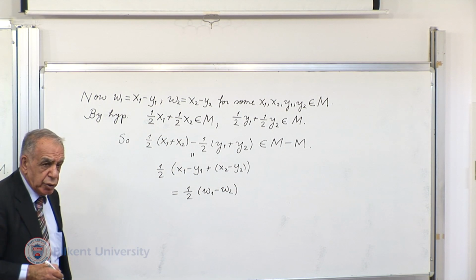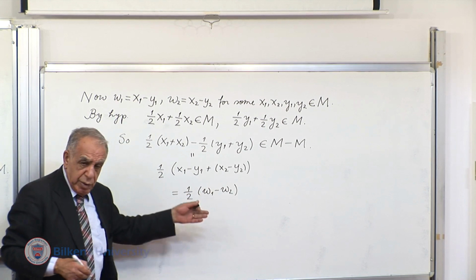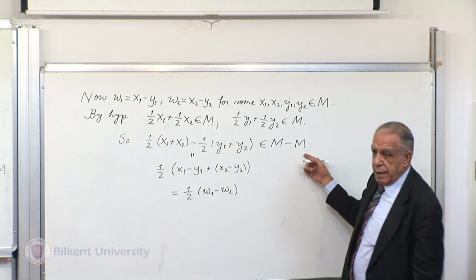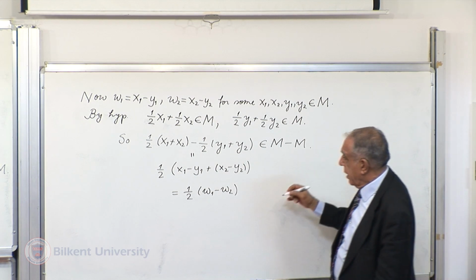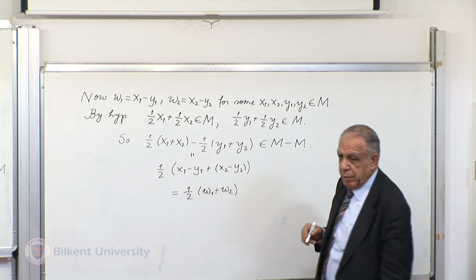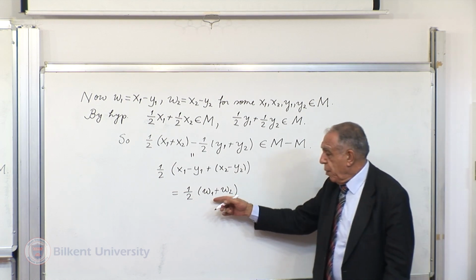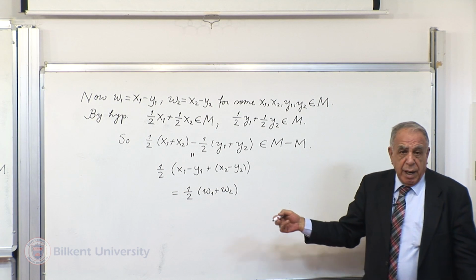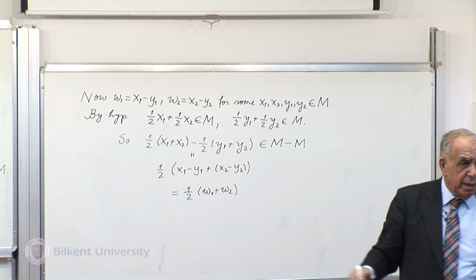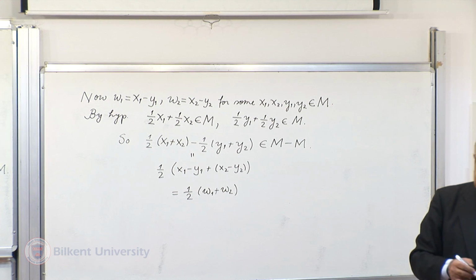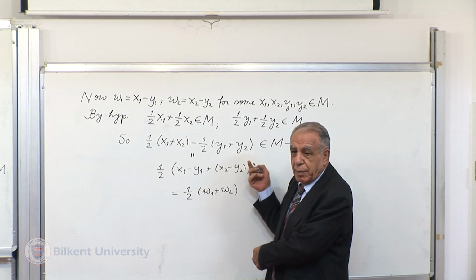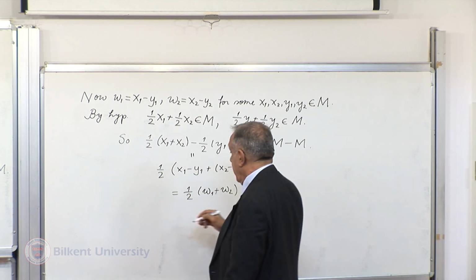But what I wish to show is that w1 plus w2 is in M minus M. Well, I know that this set is closed under scalar multiplication, so I can multiply this by 2, and that will still be in here.